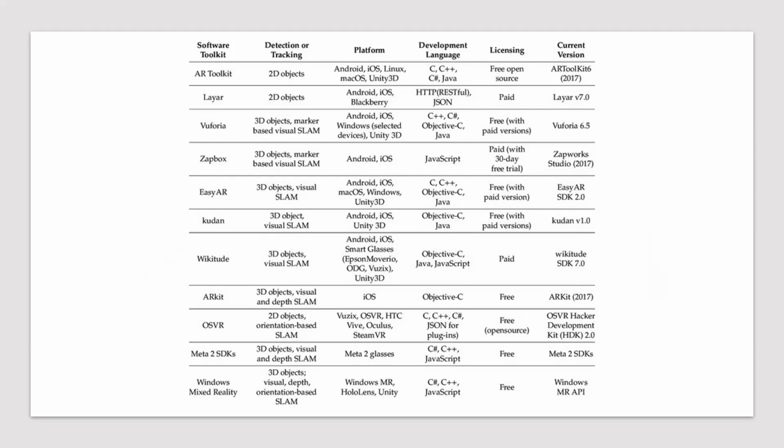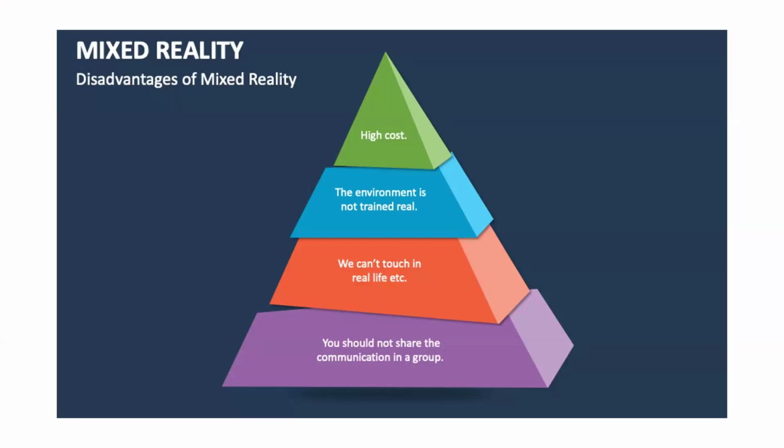HTTP or REST. Then it's a paid software, and Layar 7 is the current version. You have Vuforia, Zapbox, EasyAR, Kudan, Wikitude, ARKit, OSVR. Now Meta 3 SDK is also released. So Meta 3 SDK and Windows Mixed Reality, which is a mixed reality version of your Windows.